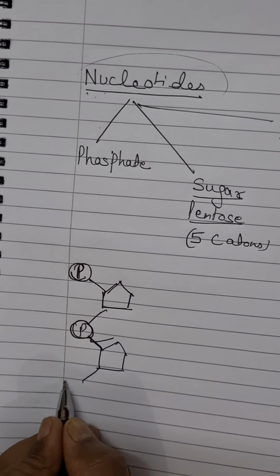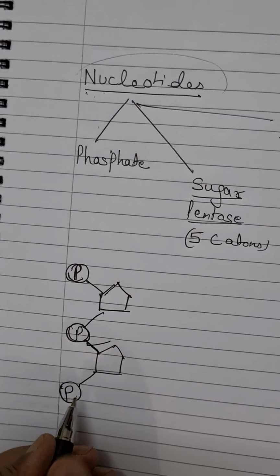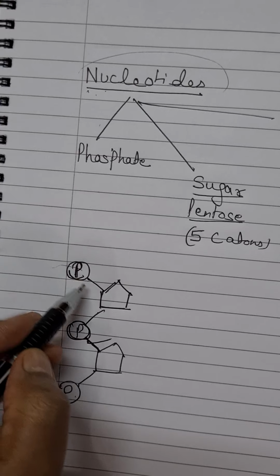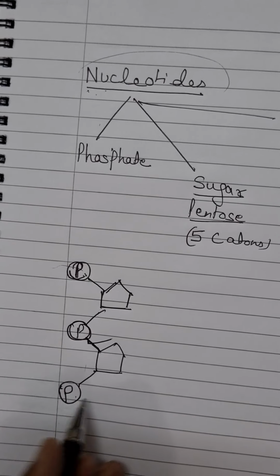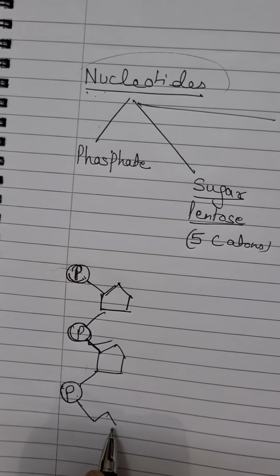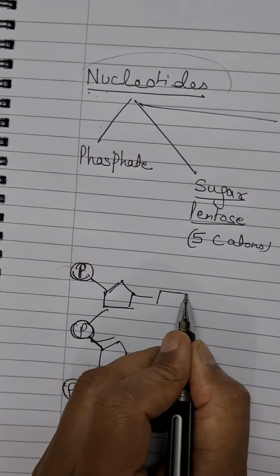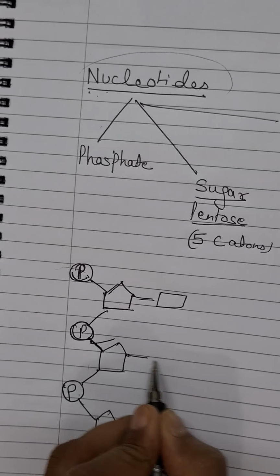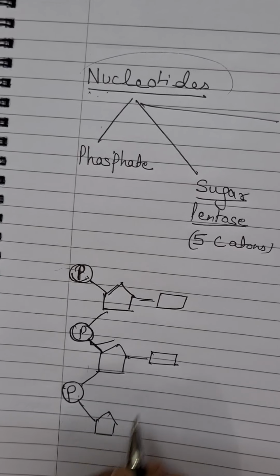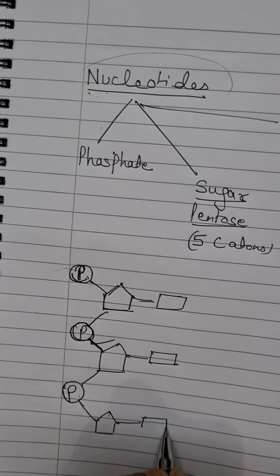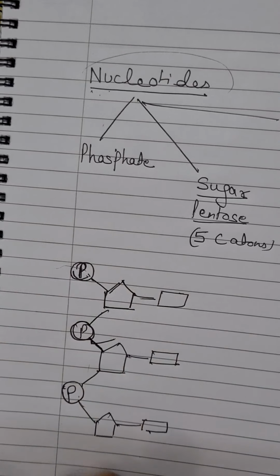So in this way, phosphate and sugar are present in each strand, repeating lengthwise. And the nitrogenous bases are attached to the inner side of the sugar molecule. So this is one strand.